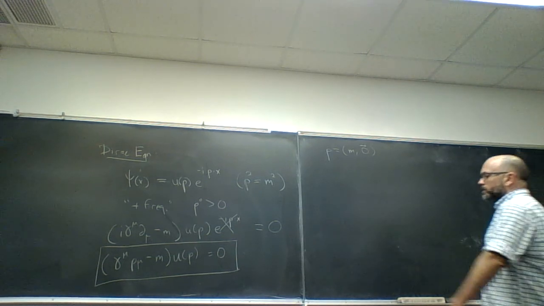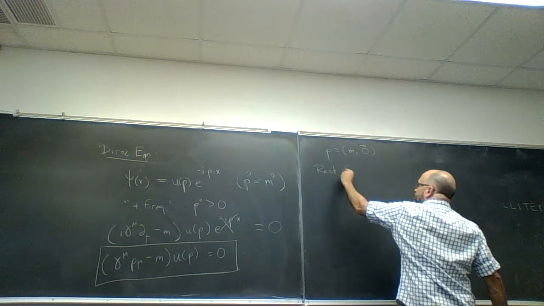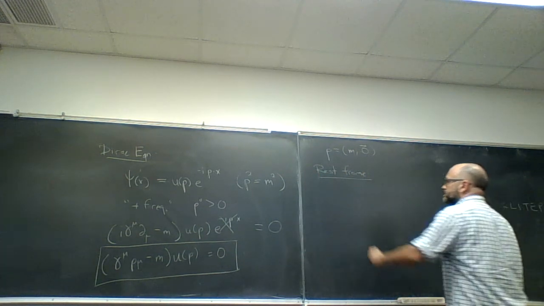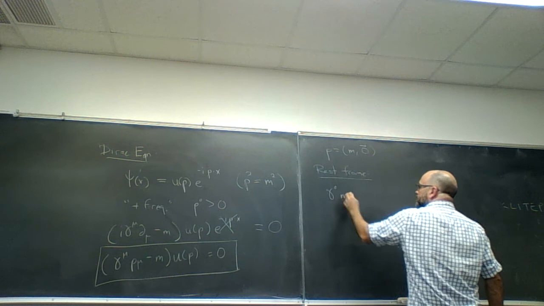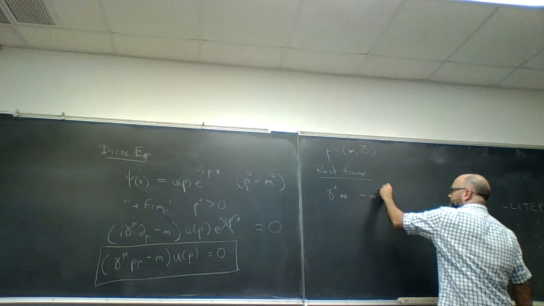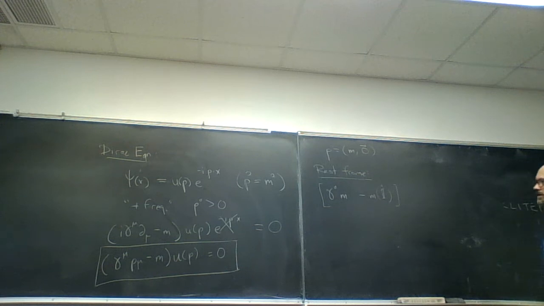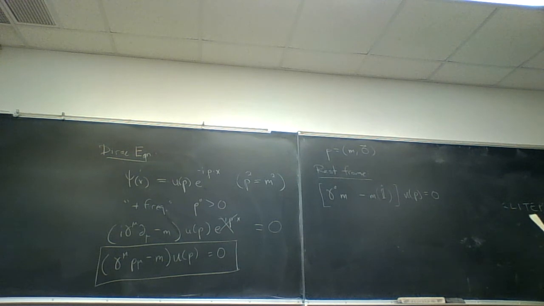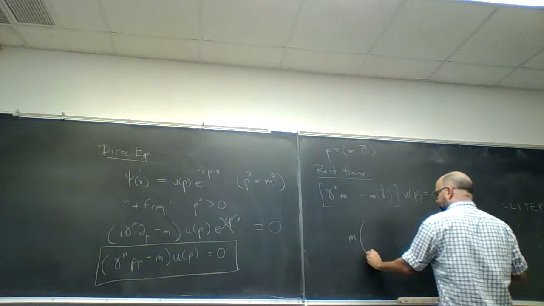Okay. So let's work in the rest frame. All right, so in the rest frame, this is what? Gamma 0 is the only non-zero piece, and p0 is just m. Right? And then I have minus m. And don't forget that there's an identity matrix here, so I'll write it in kind of light, a ghost of it. Matrix, and then u of p. Okay. And if I write this in matrix form, the factor of m I can factor out.